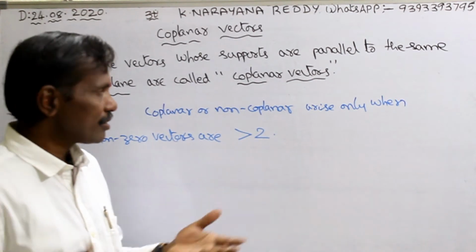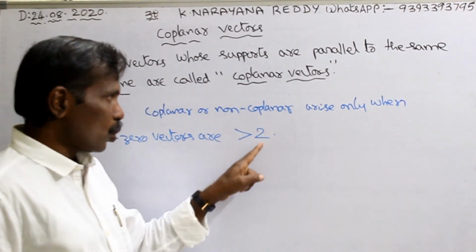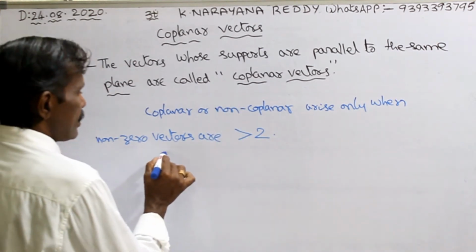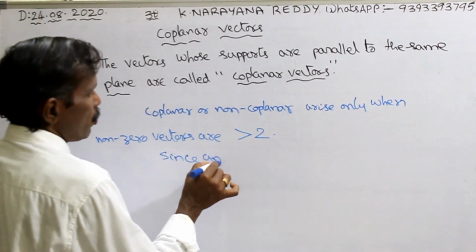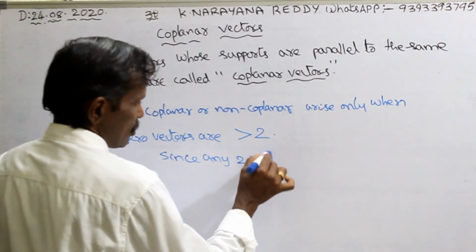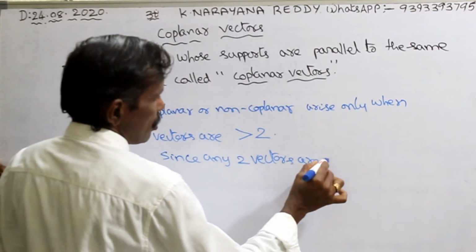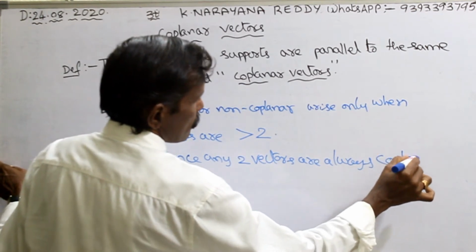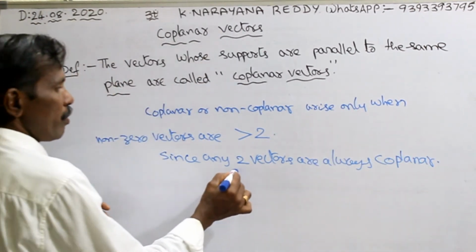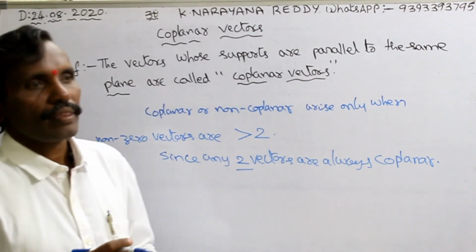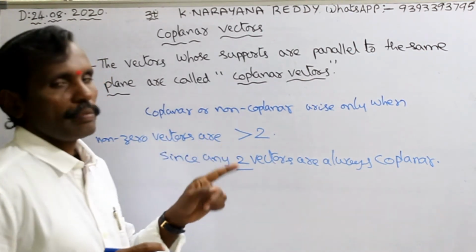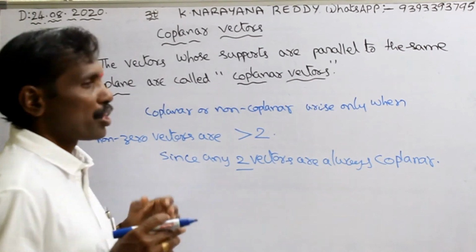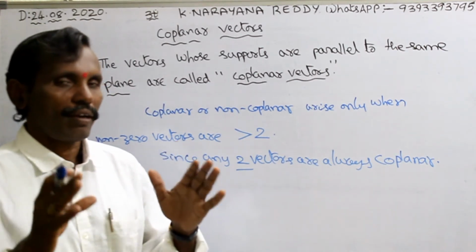But at least any 2 vectors will have a plane, since any 2 vectors are always coplanar. Okay? Any 2 vectors are always coplanar, but whenever there are more than 2, that means 3 or 4 non-zero vectors, at that time only you want to check whether those are coplanar or not.